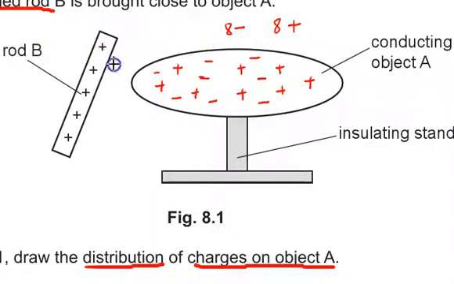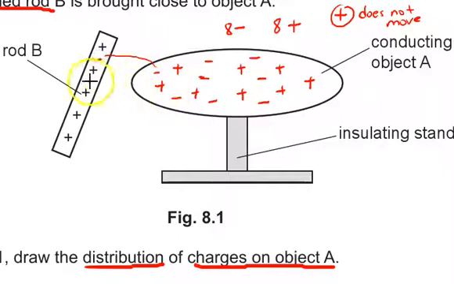So when the positively charged rod is coming, remember, your positive charge does not move. Only your electrons will be moving. So some of the electrons will move toward the object B. The electrons will jump.